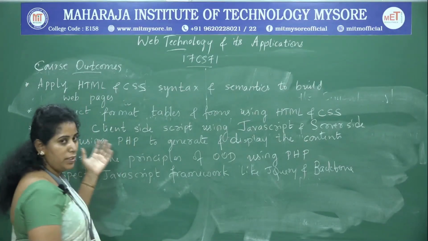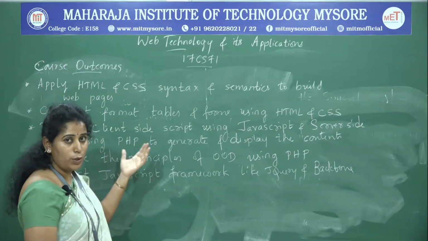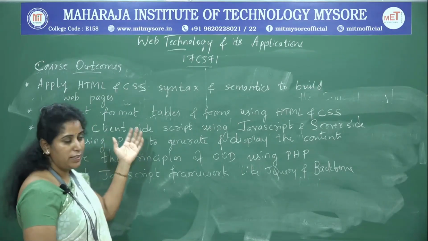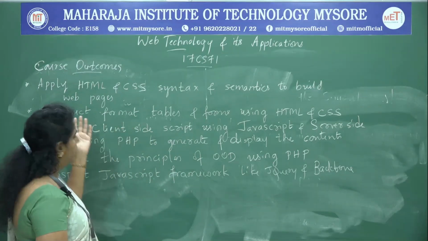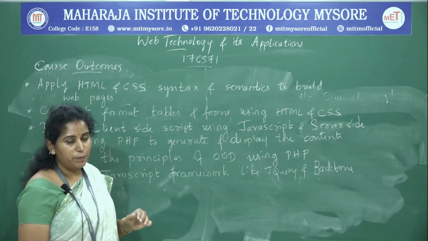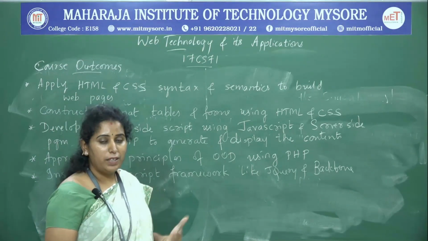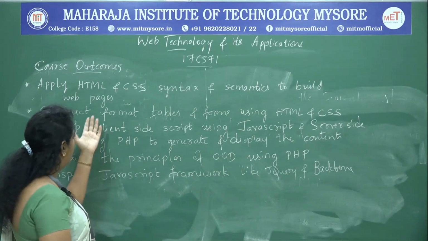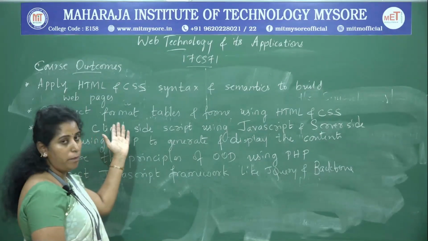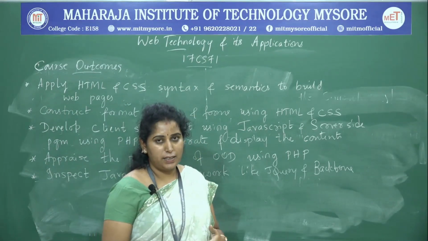The first outcome says that students are able to apply HTML and CSS syntax and semantics to build web pages. Yes, at the end of the course, students will be familiar with building web pages. Next, students are able to construct and format tables and forms using HTML and CSS.